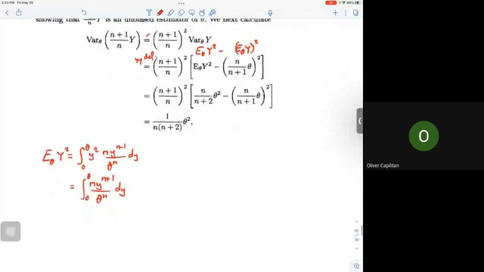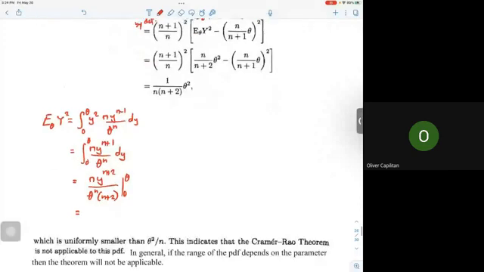And if we're going to integrate that, we have here n y to the n plus 2 over theta to the n times n plus 2, evaluated from 0 to theta. Therefore, we have this value, n theta squared over n plus 2. You can just check it.